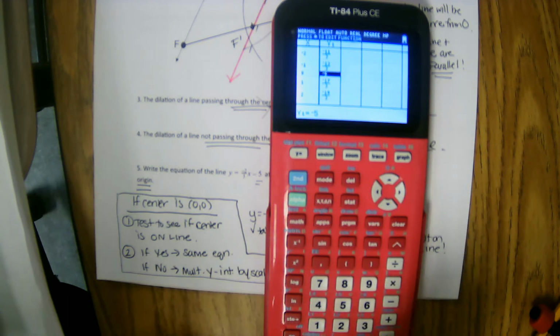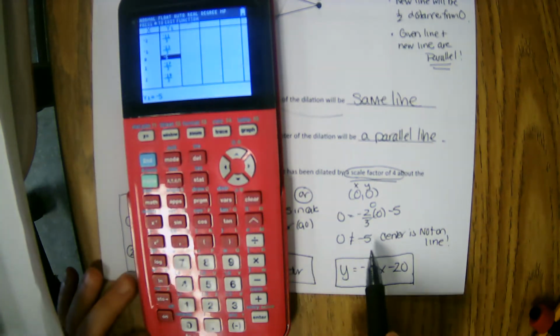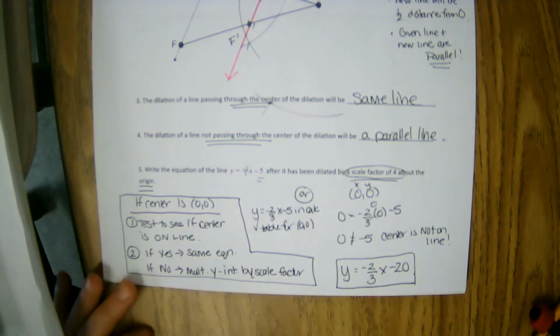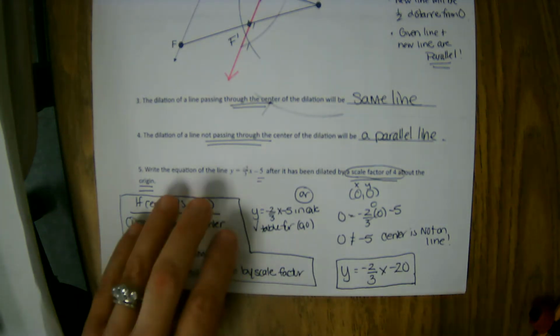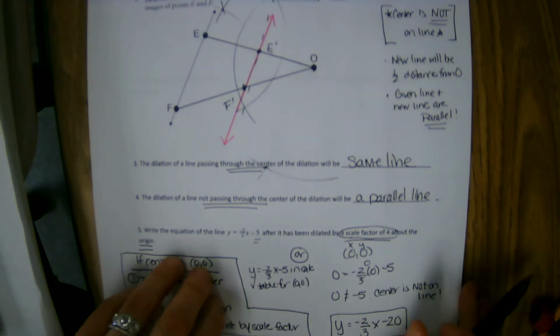And at 0, we're at negative 5, like we found here. So the 0, 0 is not in the table, which means it's not a point on that line. So the center of dilation is not on the line, so we end up with a parallel line.